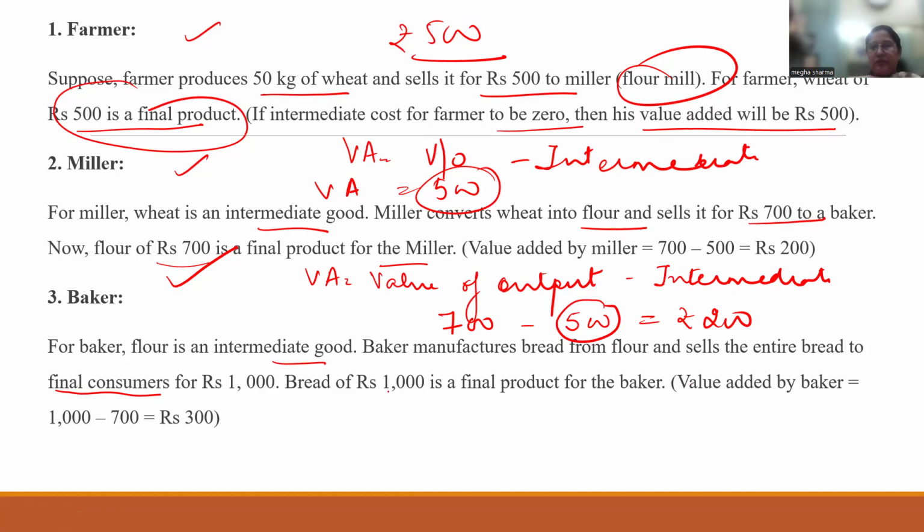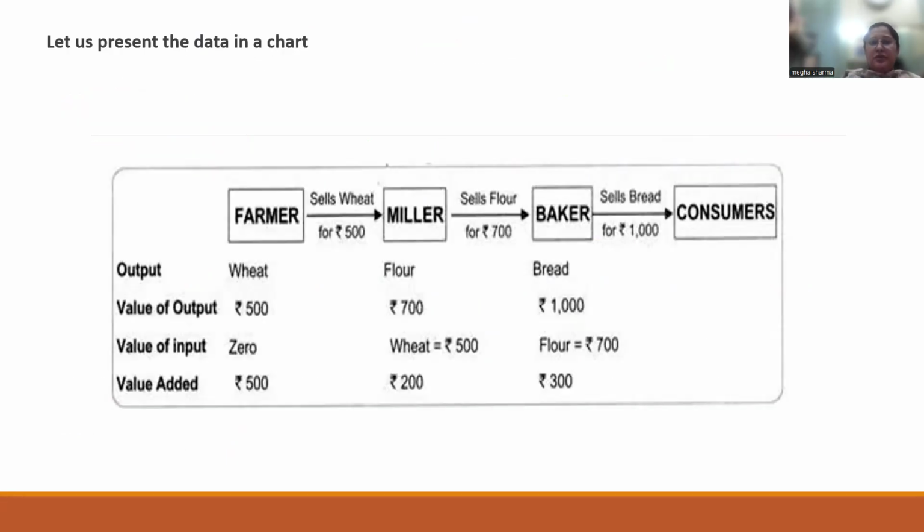For rupees 1000, the bread of 1000 is the final product for the baker. So here the value added is 1000 minus 700, that is 300 by the baker. Now the value added by the baker is 300, by the miller is 200, and 500 by the farmer, since he didn't consider any intermediate consumption. Now this is being explained through a chart, that is value of output minus input, and value added, right?